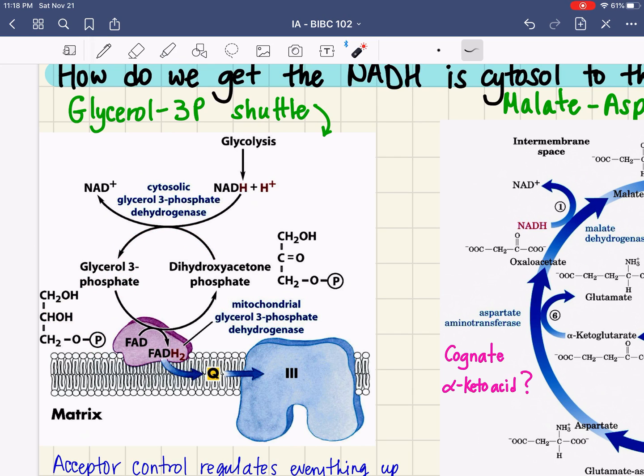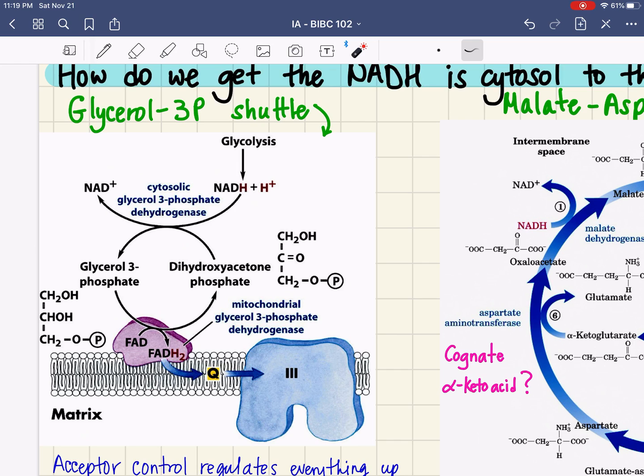Then what happens? This mitochondrial glycerol 3-phosphate dehydrogenase uses FAD to reoxidize this alcohol into this carbonyl. Then this FAD turns into FADH2, which passes its electrons onto coenzyme Q, then to complex 3, then to cytochrome C, then to complex 4, then to oxygen.